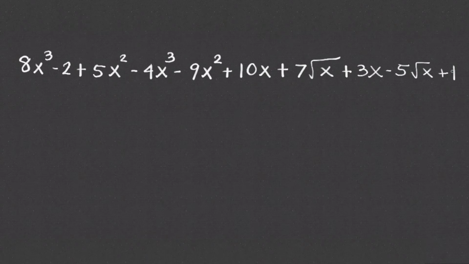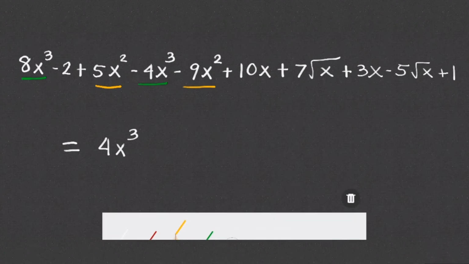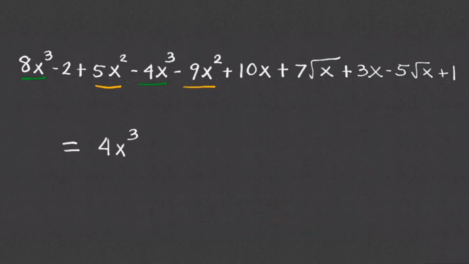To solve this one, we need to find the like terms. So 8x cubed minus 4x cubed, since they're like terms, you can add or subtract those two. So 4x cubed. Next is the 5x squared and the negative 9x squared. So add those two. You can get negative 4x squared.